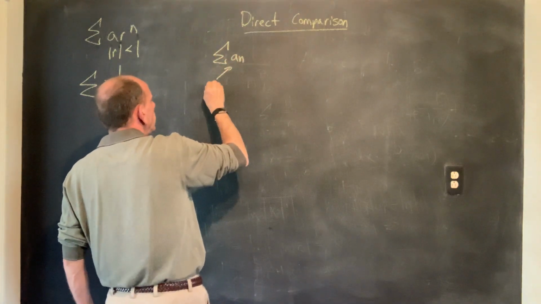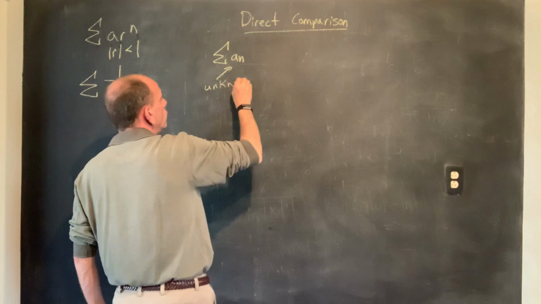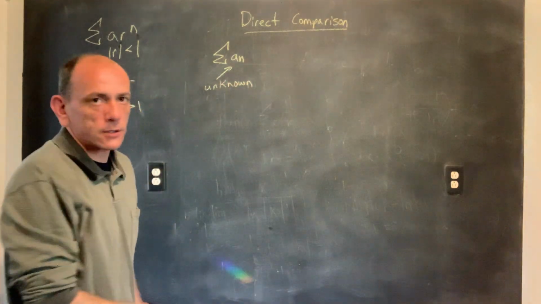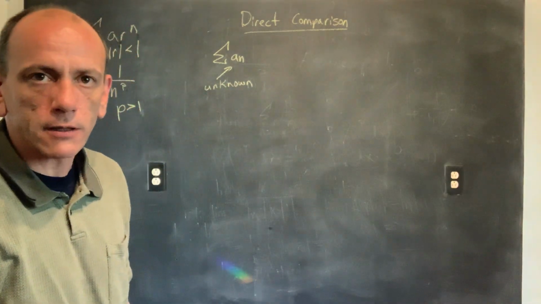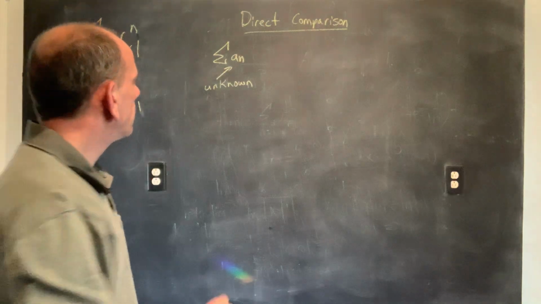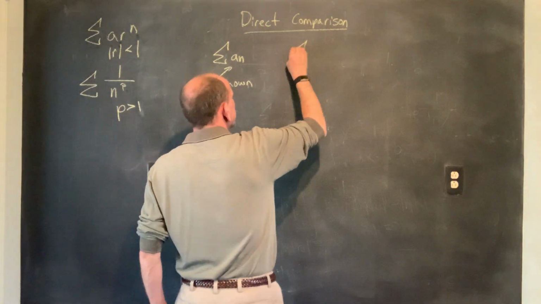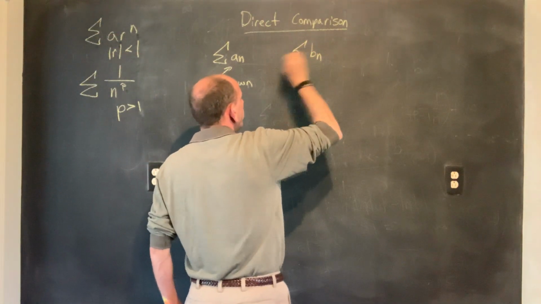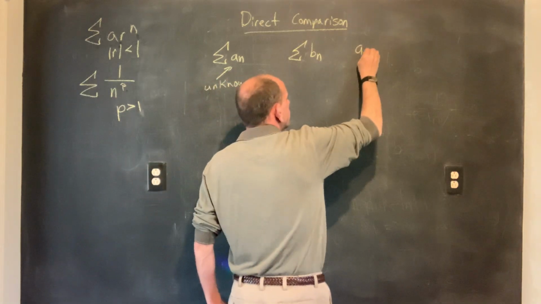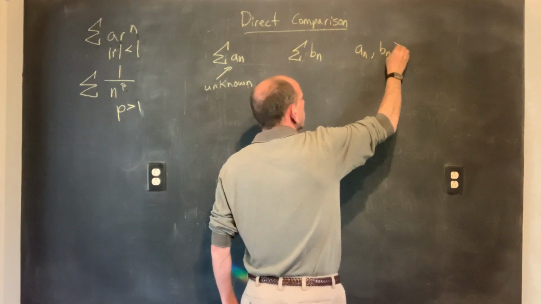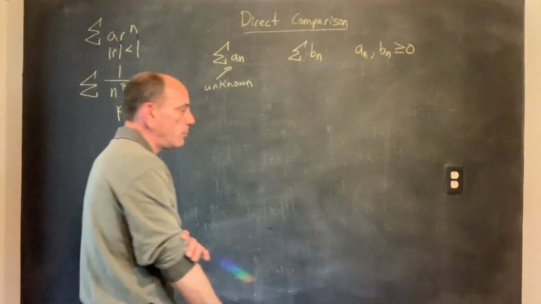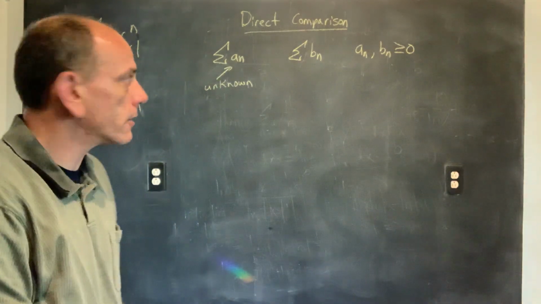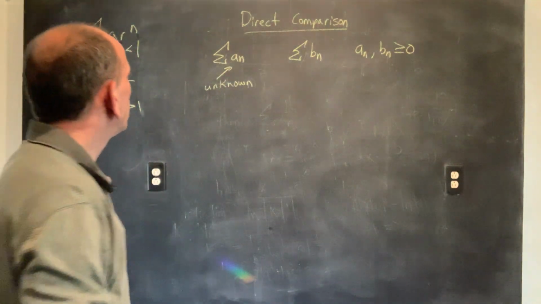This thing, unknown. I don't know about it. It's a new thing. It's the one I'm actually testing, the series A sub n. Okay, and I've got a series, B sub n. Again, the terms A sub n and B sub n are all non-negative. They're positive terms. These tests are going to be for positive terms.